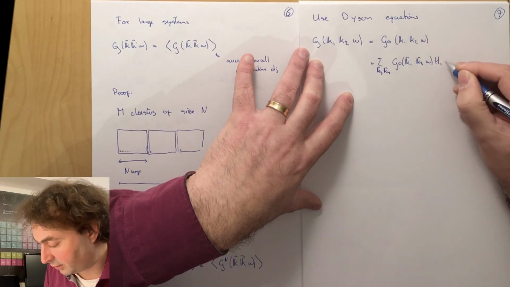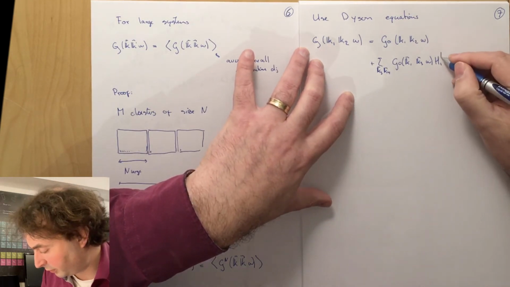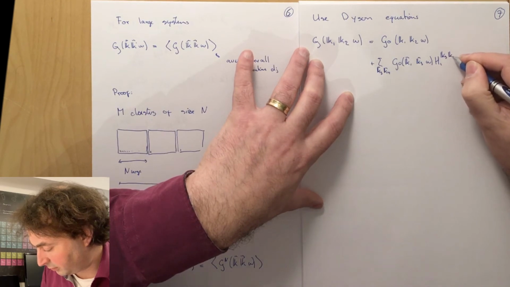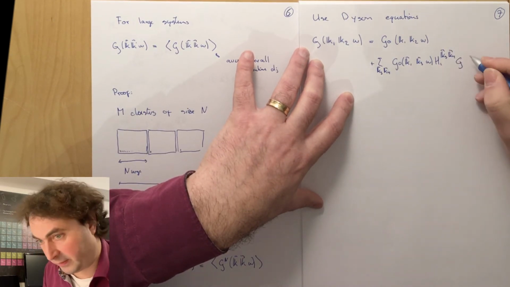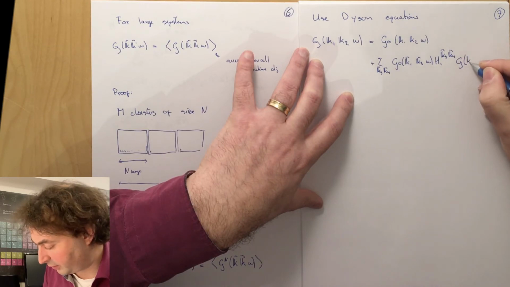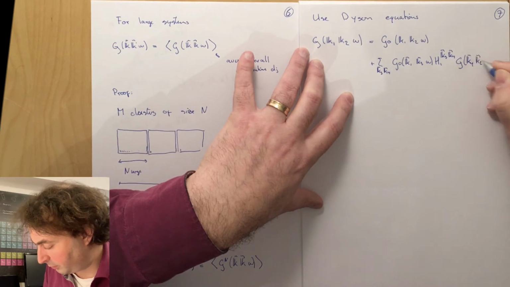We scatter from an impurity or from the randomly distributed ensemble of impurities from crystal momentum 4 to crystal momentum 3, and we propagate with the full Green's function from crystal momentum 2 to crystal momentum 4.